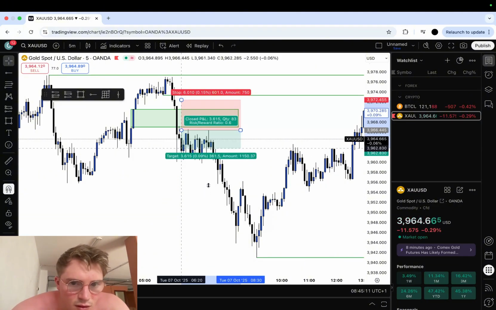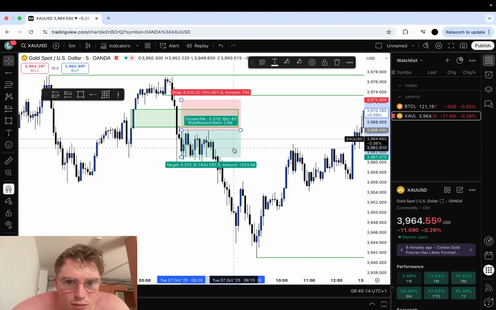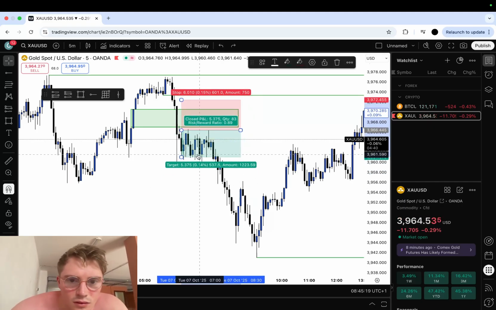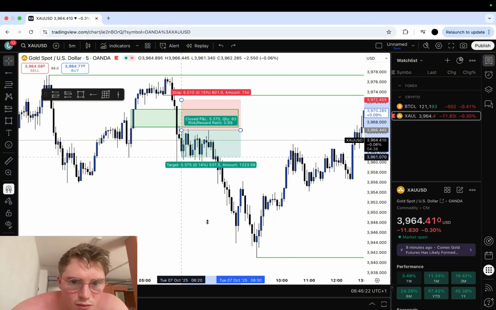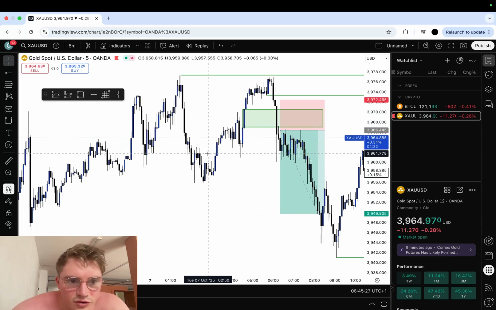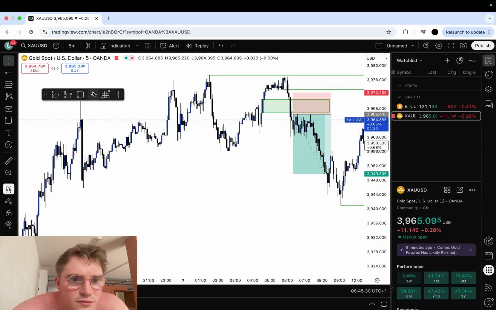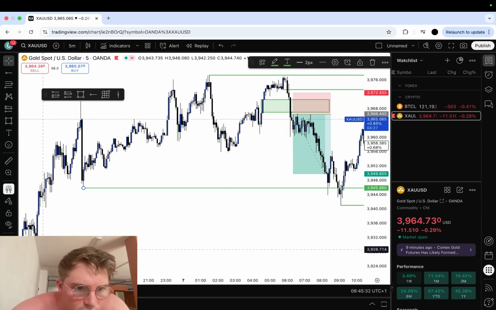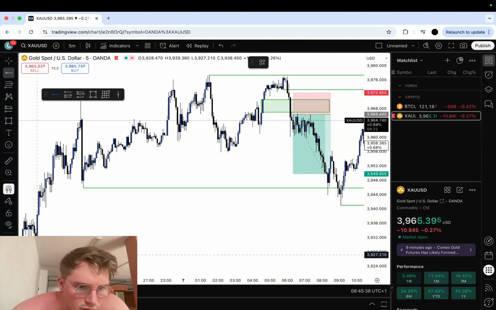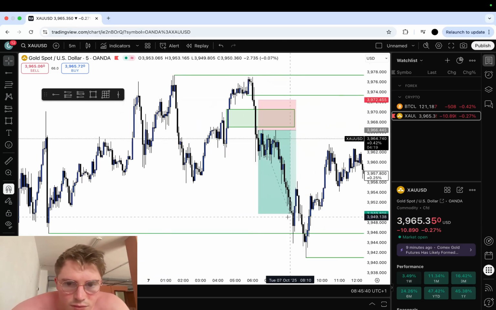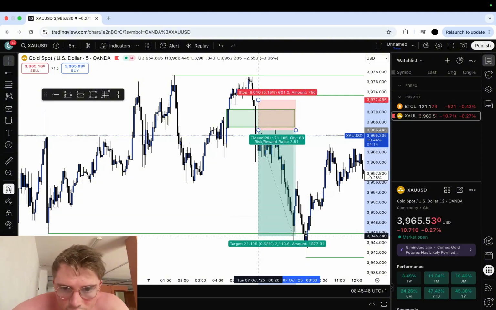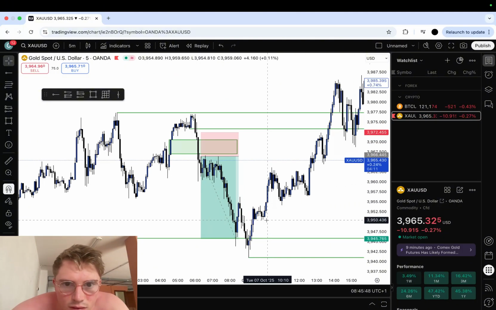So all you would do is zoom out and go previous lows. There's one, there's another there, but for me, that one would have been the main one. I would have been targeting like that.